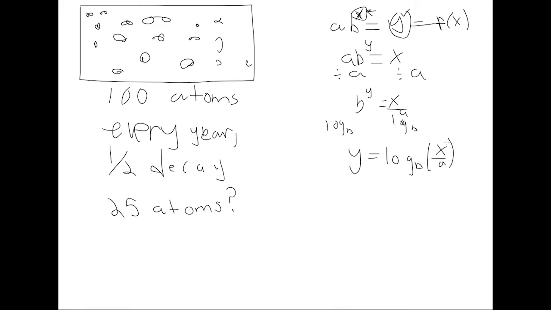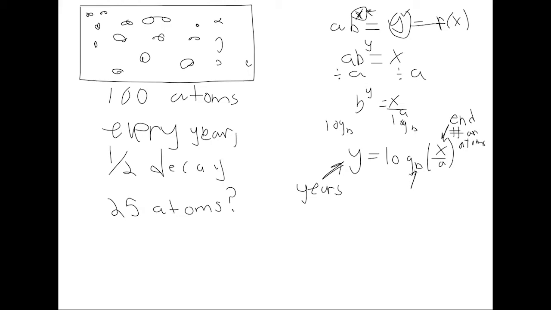And what we're going to get is that x is now going to equal, well, we switch these around, right? So now x is actually going to equal the end amount of atoms. So instead of equaling the number of years, it's going to equal the number of atoms. And what is y going to equal? Well, y is going to equal our number of years now.